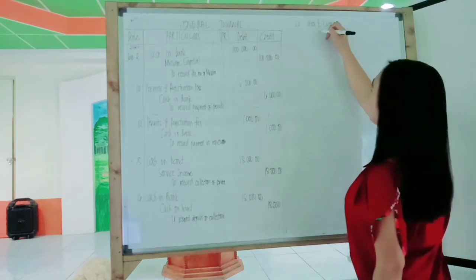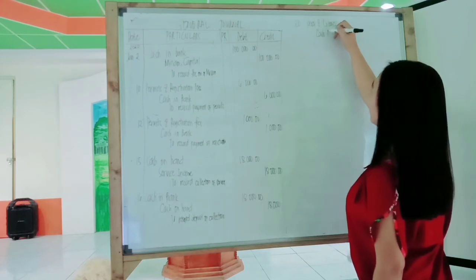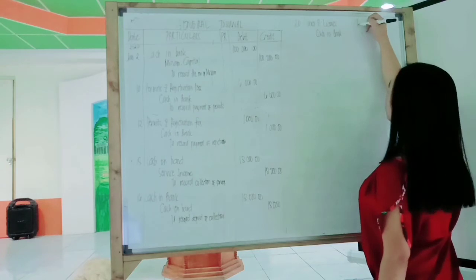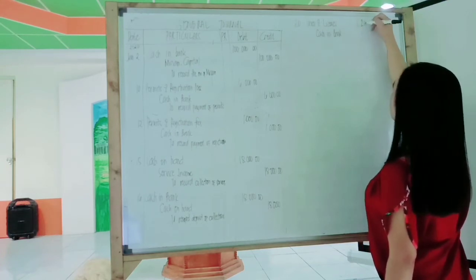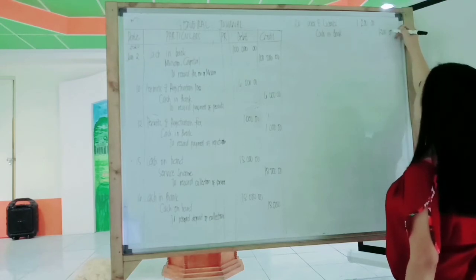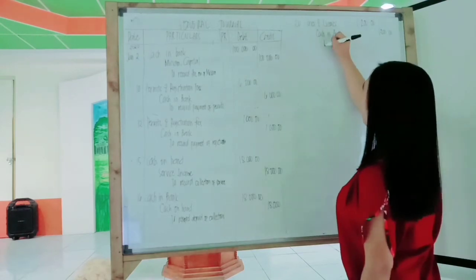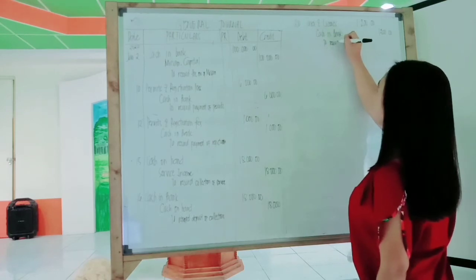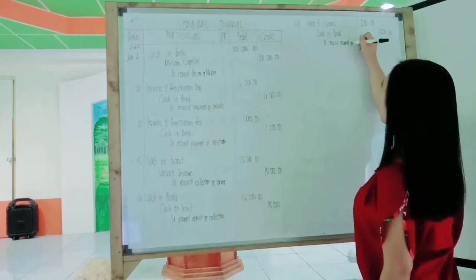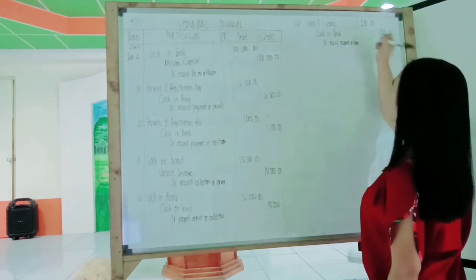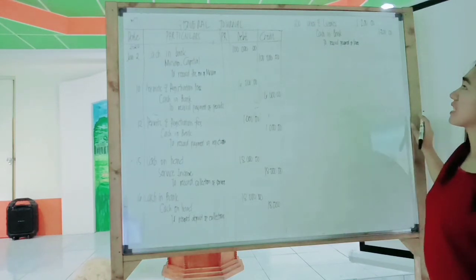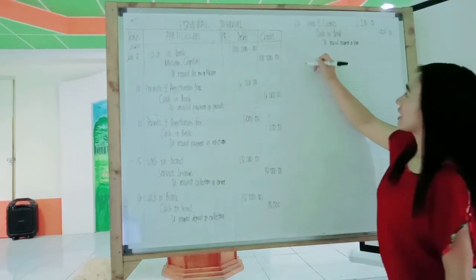Tapos, gumamit na naman tayo ng check, kaya directly cash in bank. Magkano daw? 1,200 pesos. What will be our explanation? To record payment of taxes. Ayan. Sorry kung medyo nag-overlap. Kulang yung space.